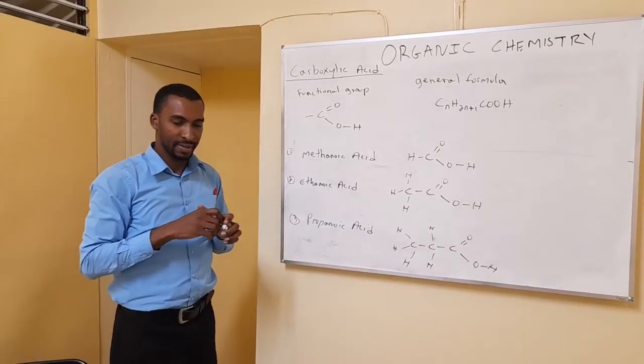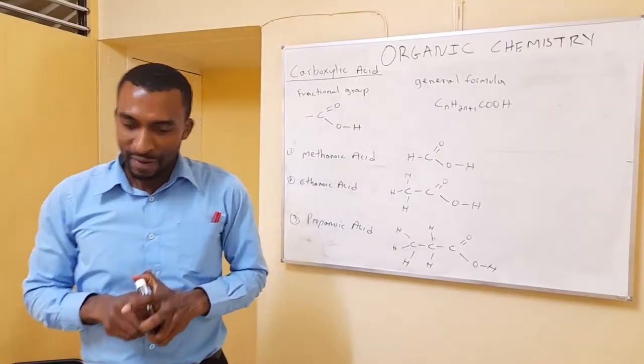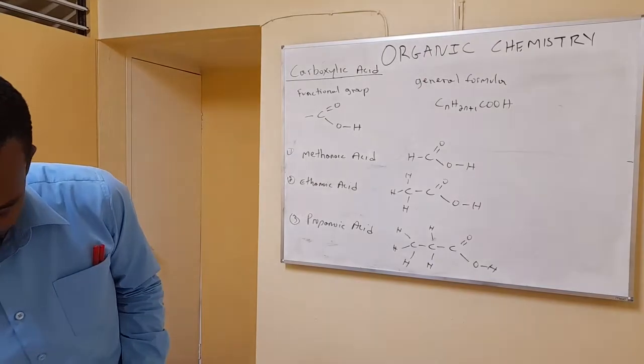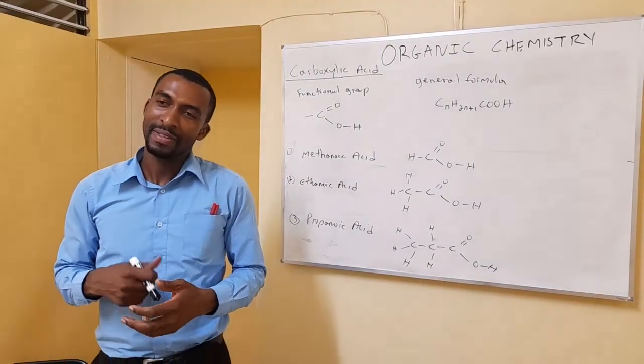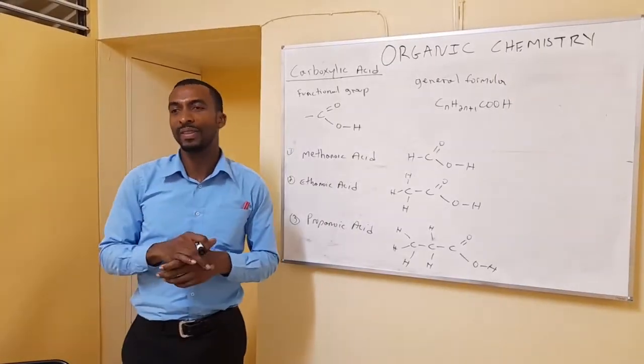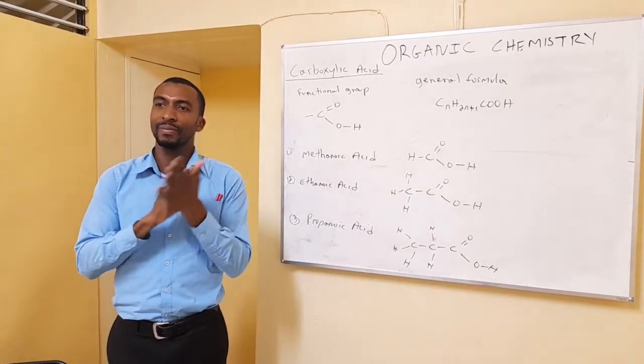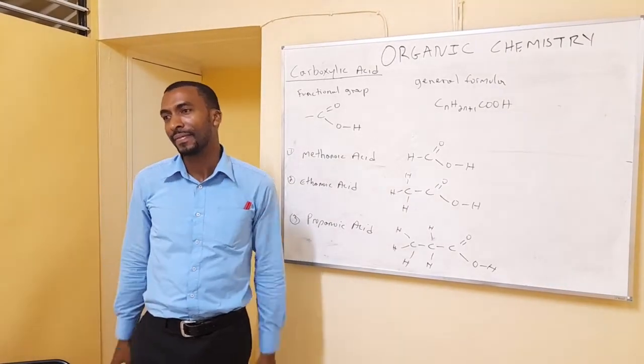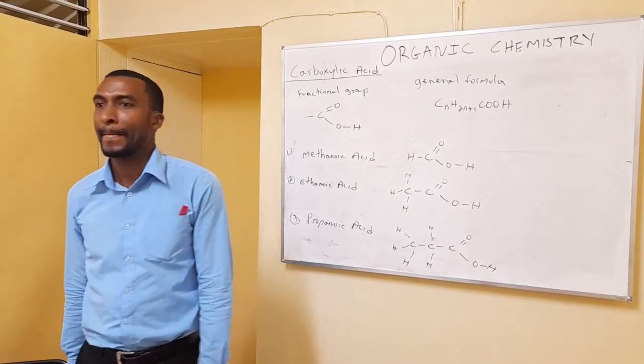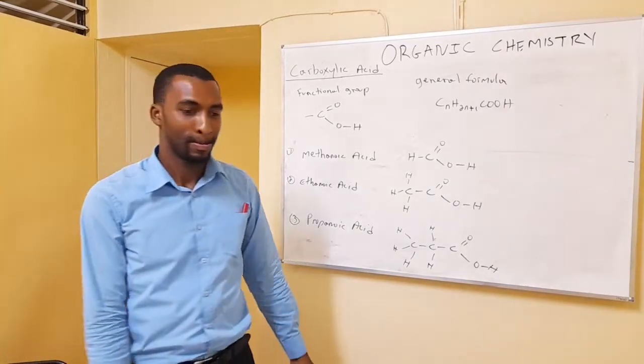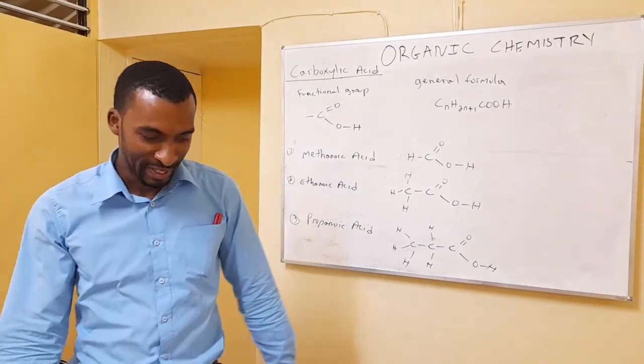Alright, questions. Can we form isomers of carboxylic acid by moving the position of the functional group? Or it has to be the branch?